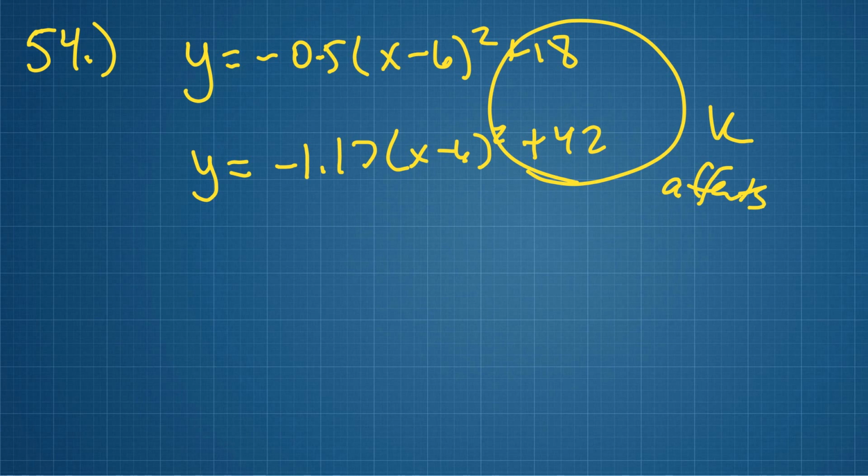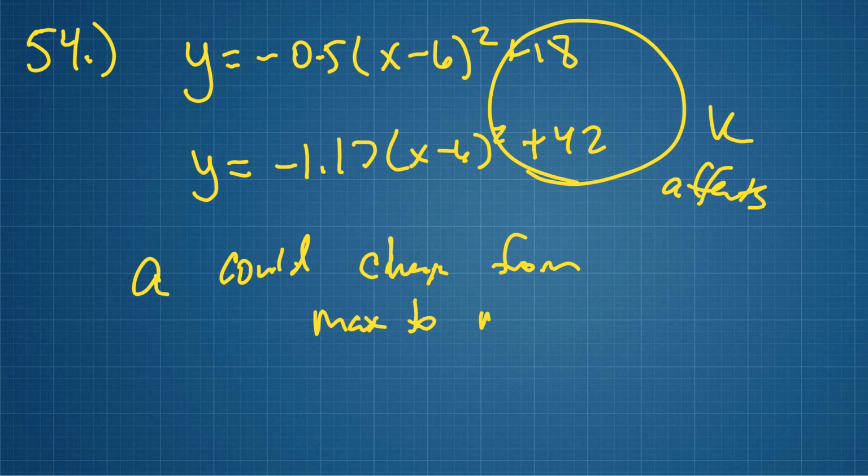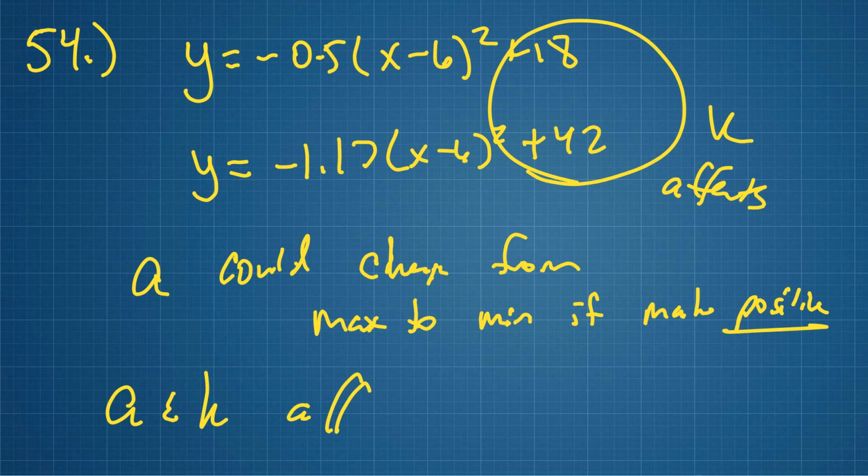The other thing that affects the height is a, which could change from a max to a min if you make it positive. That will also affect our max height. But in this problem, I think k. So a and k affect the height.